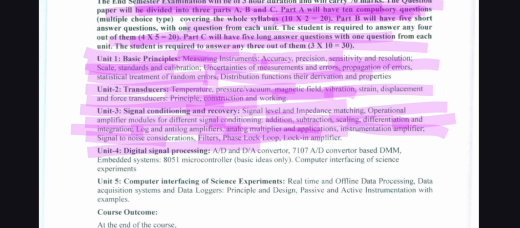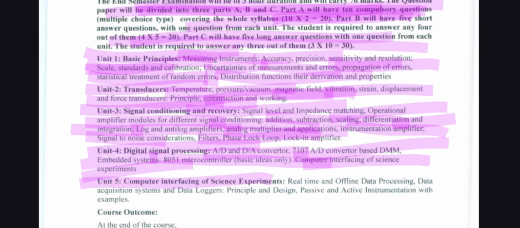Unit 4 is here. You see this: digital signal processing, AD and DA converter, 7107 AD converter based DMM, embedded system, 8051 microcontroller, basic idea only, computer interfacing of science experiments.